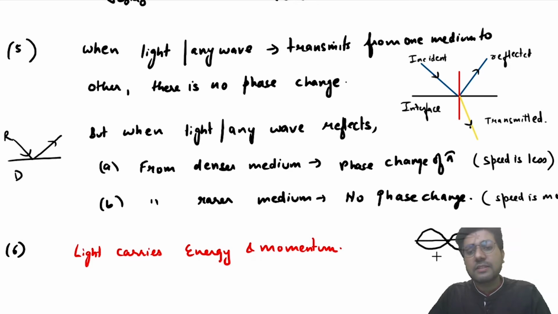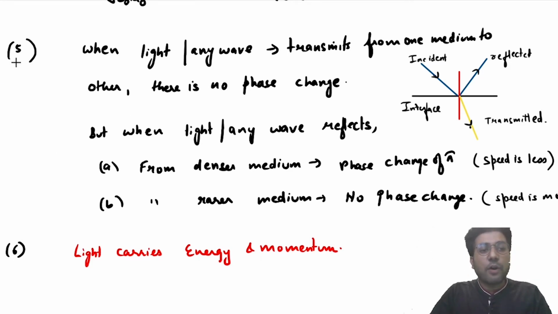That means when light travels from a rarer medium to a denser medium and is reflected at the denser medium interface, the reflected wave will have a phase change of pi. That means if the light came like this, it will go like this. There will be a phase change of pi.